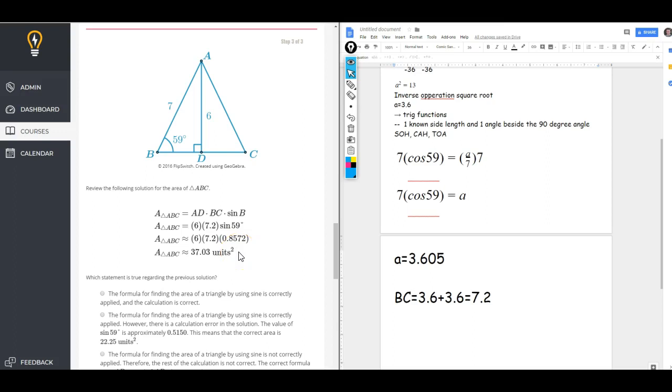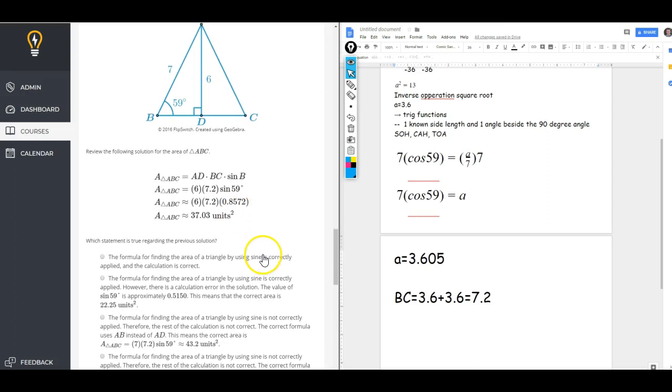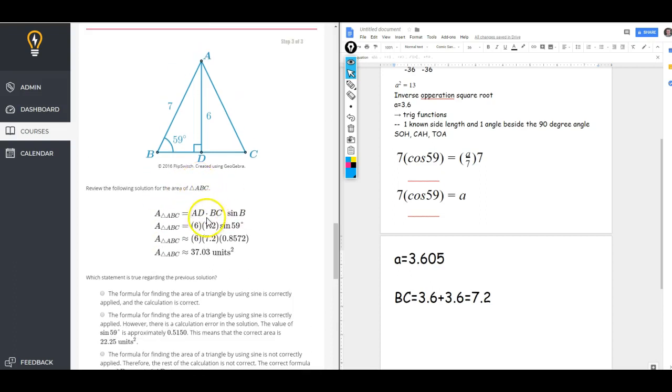Alright, review the following solution for the area of triangle ABC. Area of triangle ABC is equal to the length of AD times the length of BC times the sine of B. Area of triangle ABC is equal to 6 times 7.2 times the sine of 59 degrees.